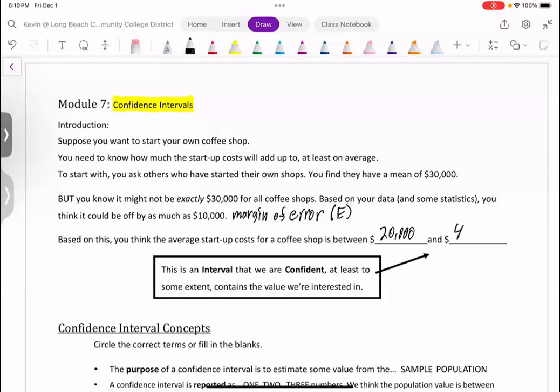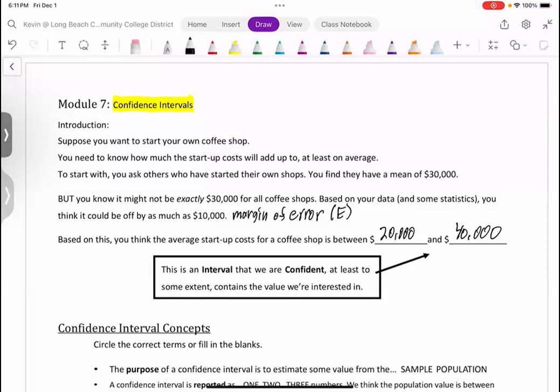That's going to be 40,000. So this is our interval that we are confident in. So we're fairly confident that the true startup for my coffee shop is going to be somewhere between $20,000 and $40,000.